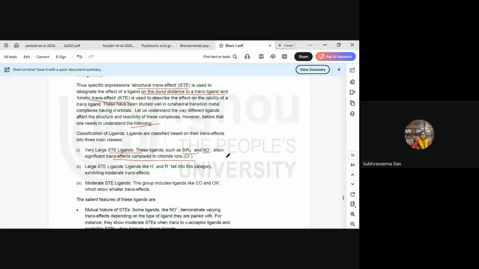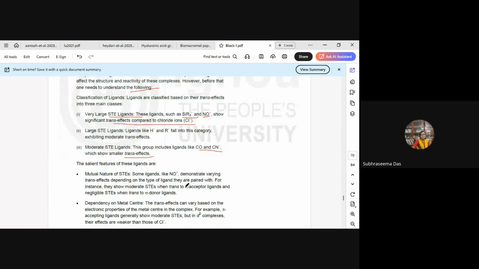They are ligands like H minus and R minus, and they show moderate trans effect, that is the structural trans effect is moderate in nature. Then comes the moderate STE ligands. This group includes ligands like carbonyl and cyanide, and they show very small trans effects. So based on the trans effects, we see there are three types of ligand classes: very large STE ligands, large STE ligands, and moderate STE ligands.